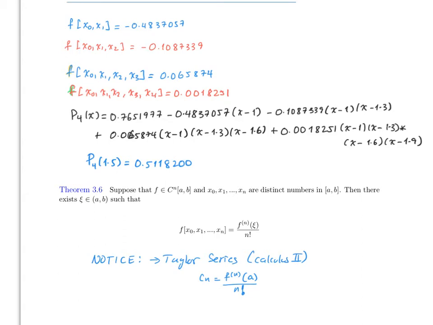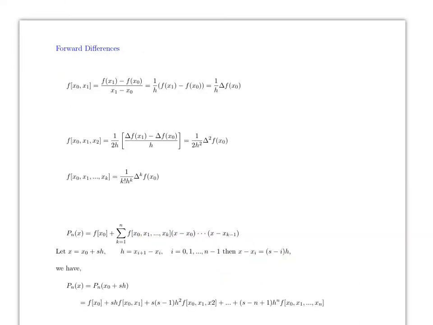There is an exercise in the homework that will ask you to show that this is the case, which is not that hard to do, you will see. Now, the last two examples we did for the Newton divided differences: in the first example, the distance between x0, x1, x2 was not equally spaced.